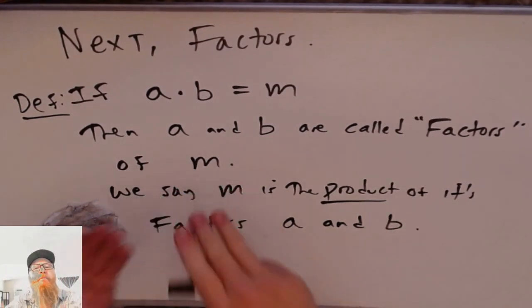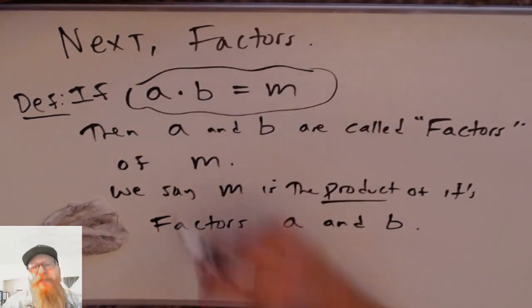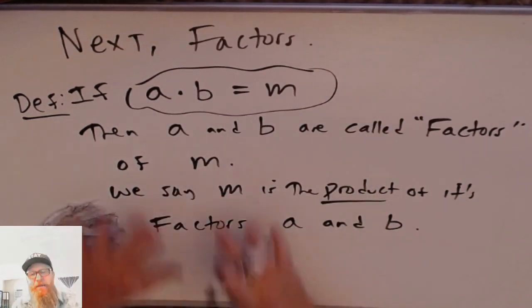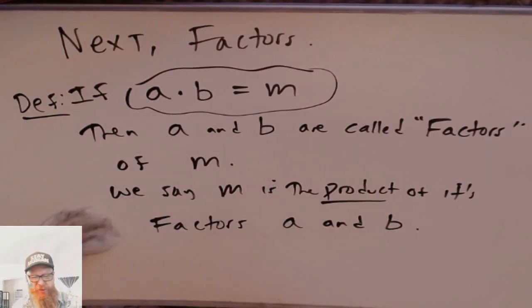So M is the product of A and B. A and B are called the factors.